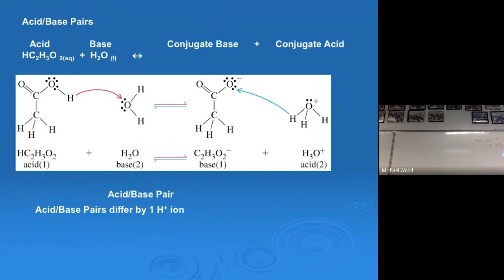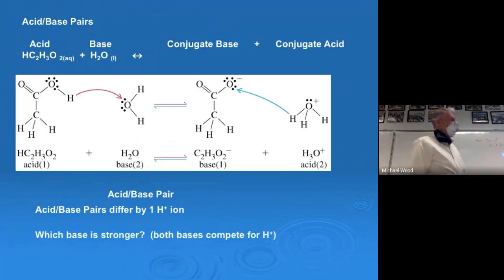And water here gains an H. So this is a base, and this is its conjugate acid. When something gains an H, its charge increases by 1. So this is an acid-base pair. An acid has a conjugate base, and a base has a conjugate acid. The pairs differ by a single H.